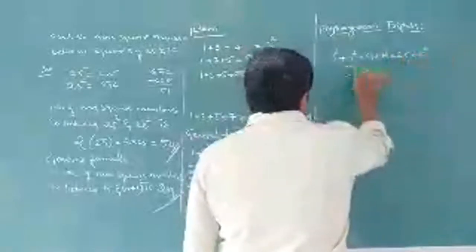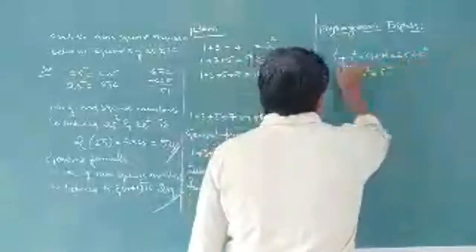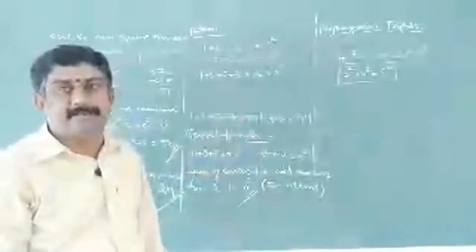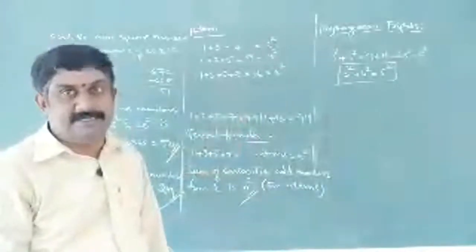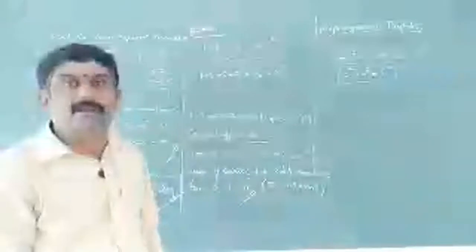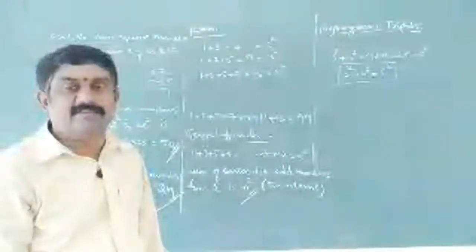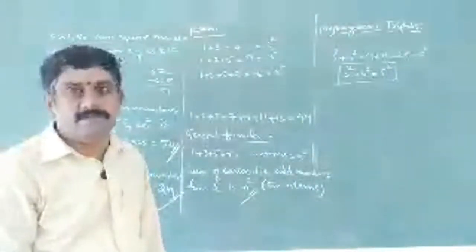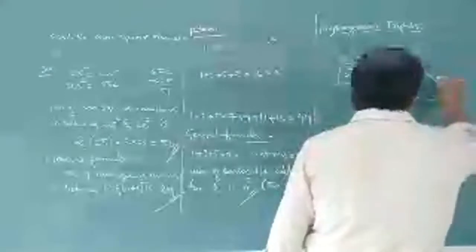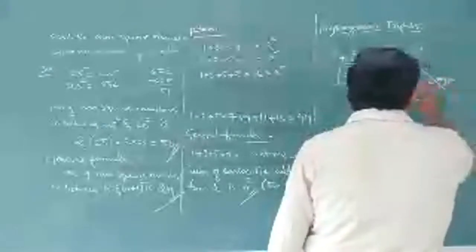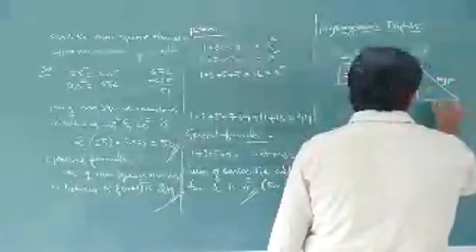So 3 square plus 4 square is nothing but 5 square. So such a set is nothing but a Pythagorean triplet. Sir, why is this called a Pythagorean triplet? Because it satisfies the Pythagoras formula. What is the Pythagoras formula?